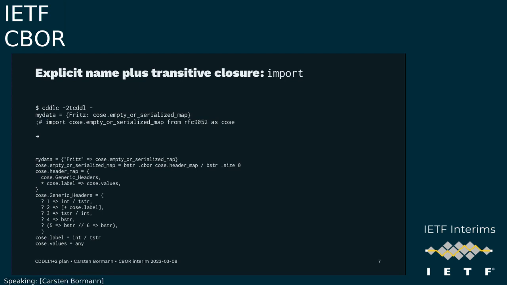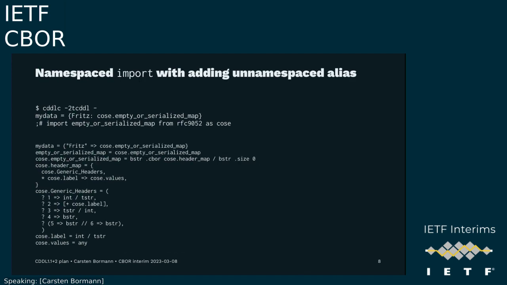And there is one more little feature which is a convenience. I think we can discuss whether that's useful, but we discussed it in the design team meeting, so I implemented that as well. This is almost the same as the previous slide, except that empty-or-serialized-map now also is aliased. So the second line of the result essentially is an alias rule.